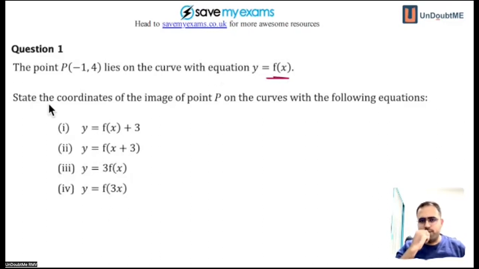Now you have to understand one thing: every time we are finding the image of point P on the curve with the following equation, what can be the normal criteria?